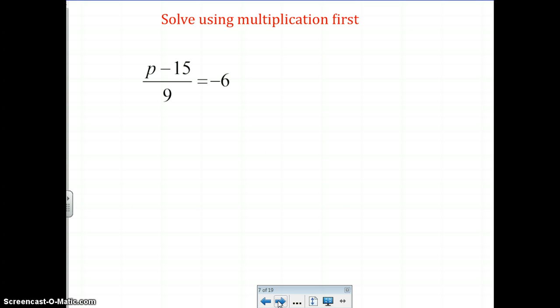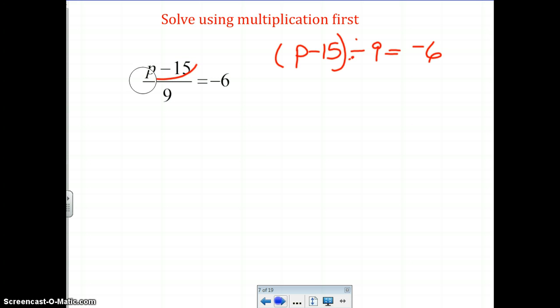Here's an instance where I'm not able to undo this piece first. If we think of this in grouping symbols, it could be thought of like this: p minus 15, divided by 9, equals negative 6.